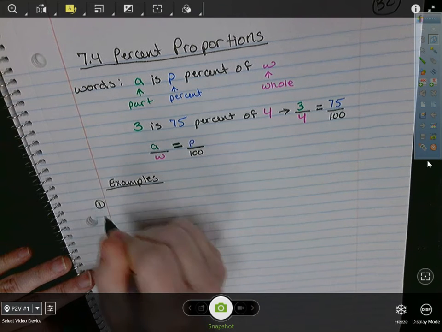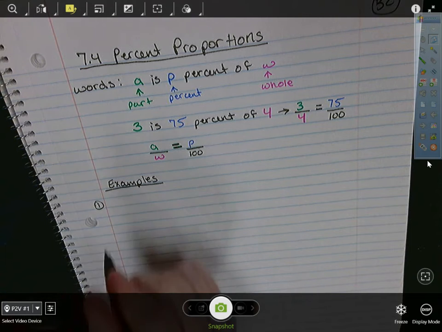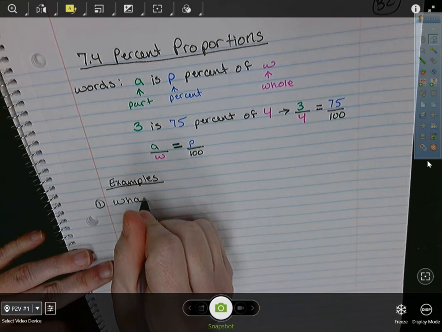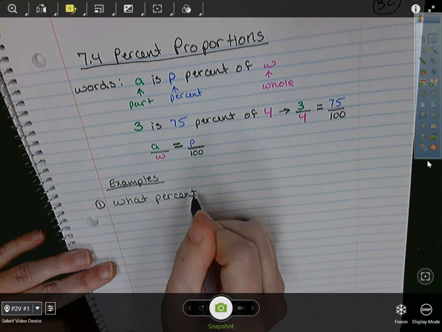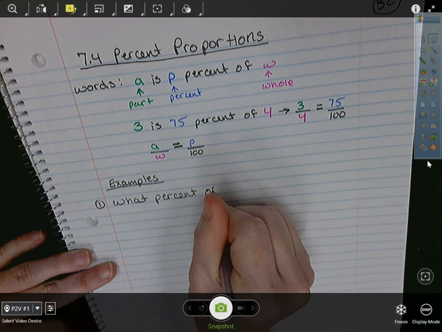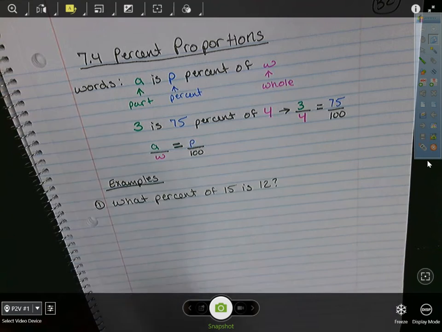Number 1. What percent of 15 is 12? Okay, now this one's worded a little weird.